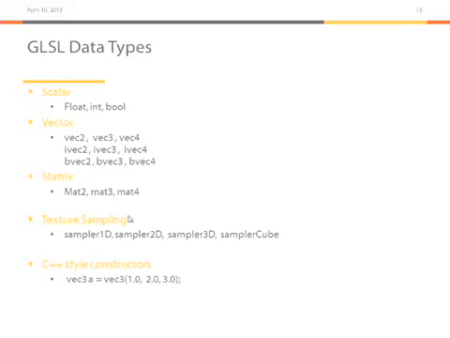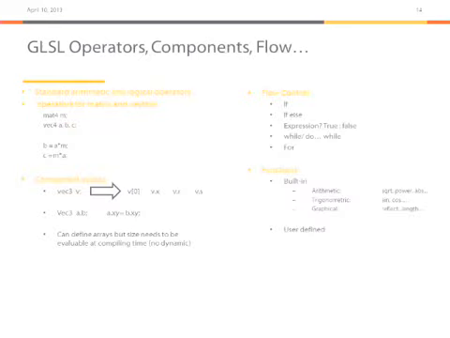Construction is similar to C++: you can create values using constructors. The operators are also simple, but they have been adapted for graphics. For example, they provide matrix operations, a small mathematical library for operating on matrices and vectors, which will produce the correct vector in any case.